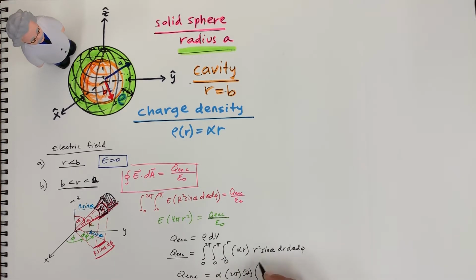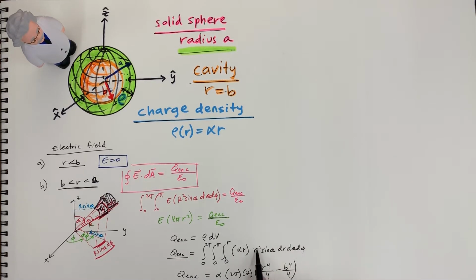And then the rest of the integral is going to be the dr. And so we're going to get r to the 4th over 4 minus b to the 4th over 4.